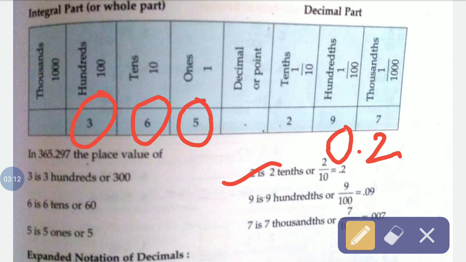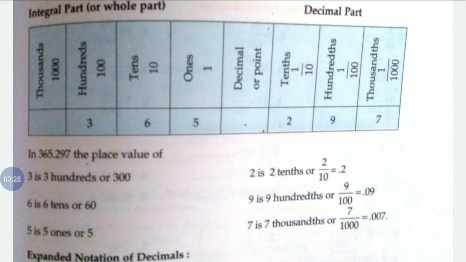The place value of 9 is 9 upon 100, or we can say 0.09. The place value of 7 is 7 upon 1000, that will be equal to 0.007.